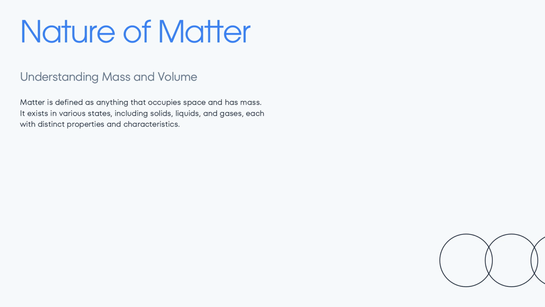Solids have a fixed shape and volume, like a table. Liquids have a fixed volume but no fixed shape, like water in a bottle. Gases have neither fixed shape nor volume, like air. Understanding matter helps us explain why ice melts, water flows, and gases spread everywhere.